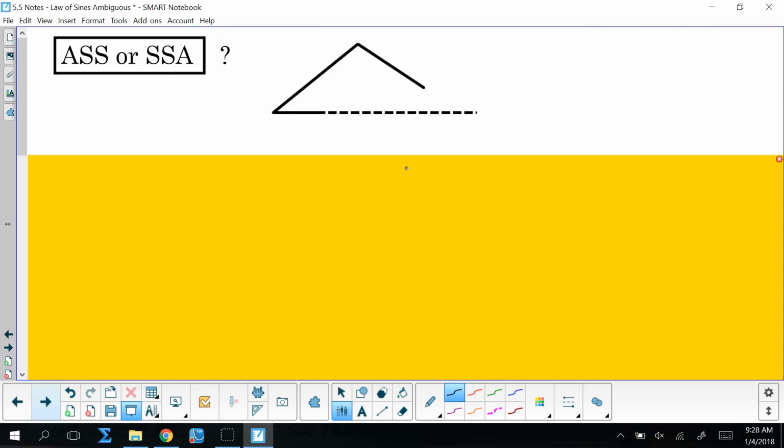So sometimes there's the angle side side case. The angle side side case is an angle here, a side there, and a side there. Now, I will tell you that we will be calling this side the opposite side, and we'll be calling this side the adjacent side.